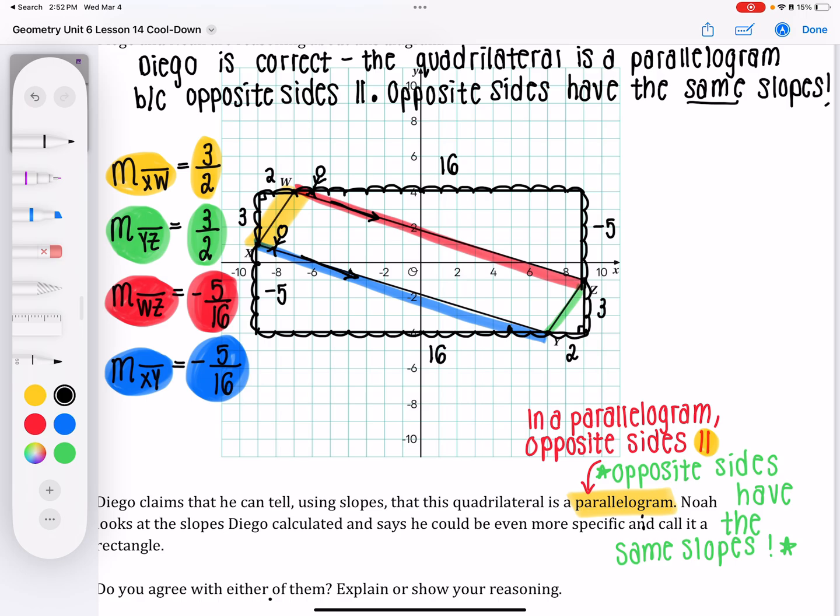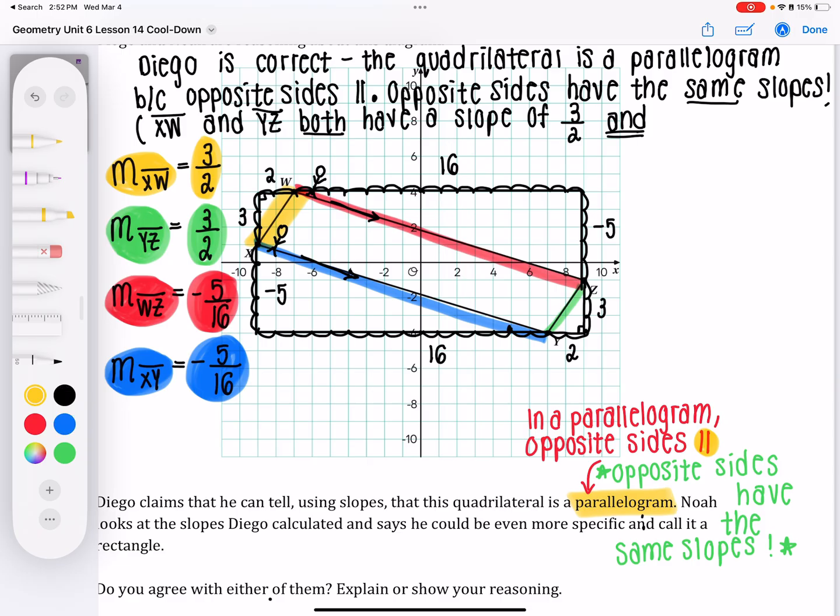And I can even be more specific, and I can refer to line segment XW and line segment YZ, and I can say that they both have a slope of 3 over 2. And let me color code this before I move on.